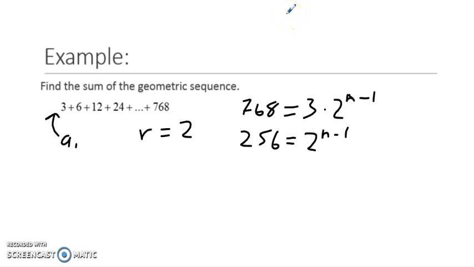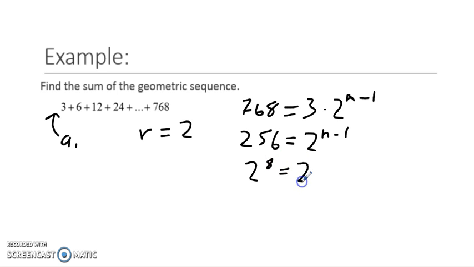And then one trick you can use on this is figuring out 2 to what power equals 256, which in this case is 2 to the 8th power.